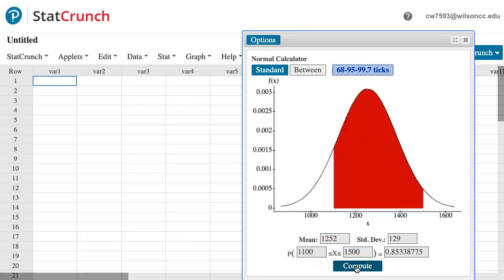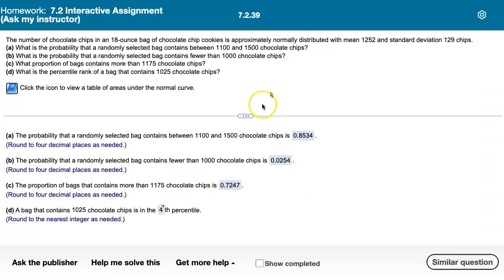I really like this particular technology because not only does it compute that value for us, but it also gives us a sketch of what that looks like as if we were sketching this by hand, but much simpler and much faster. So we could take that value there and plug that back into our answer space here for part A.